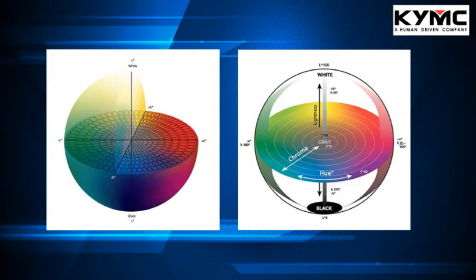In the LAB model, L stands for lightness. It is the vertical dimension in the color space. And A and B are the X and Y coordinates of the chromatic plane. And for the LCH model, instead of using X and Y coordinates, it uses polar coordinates to locate the color in the color space.